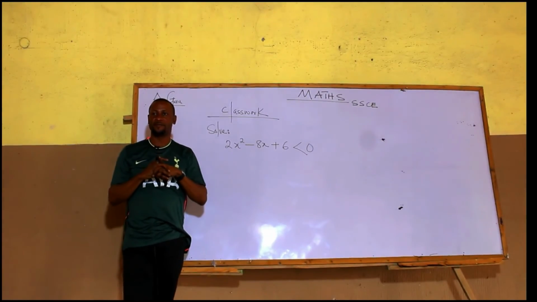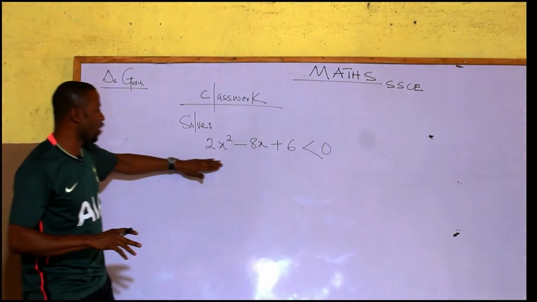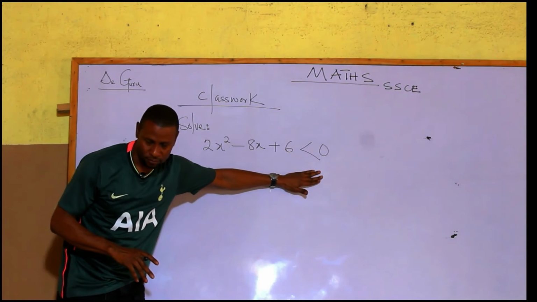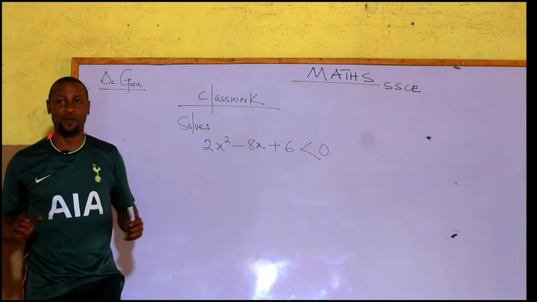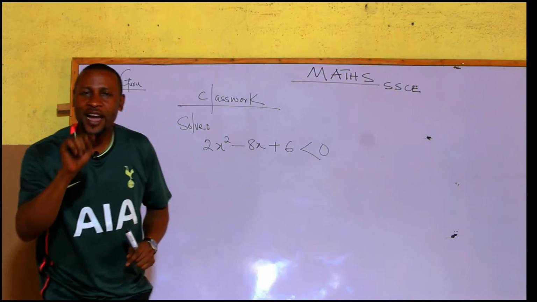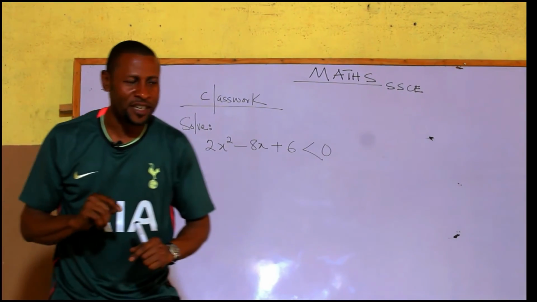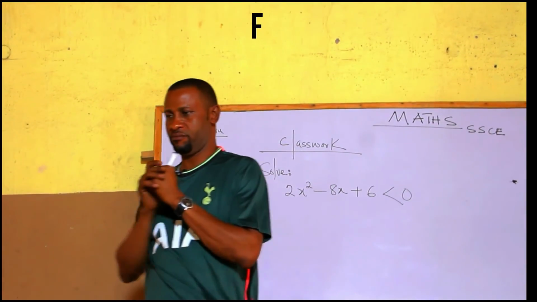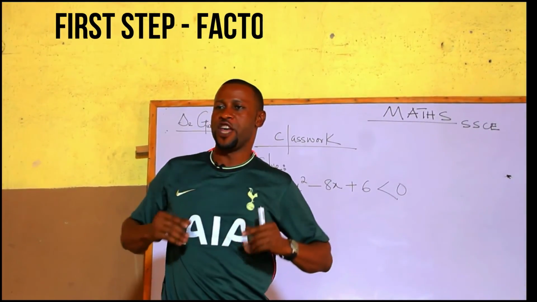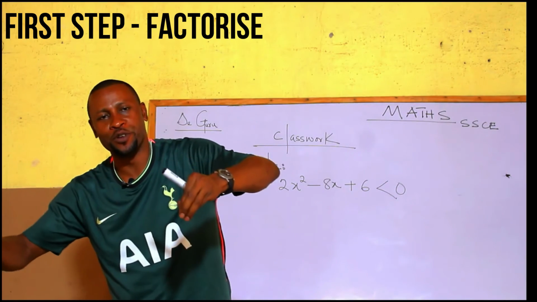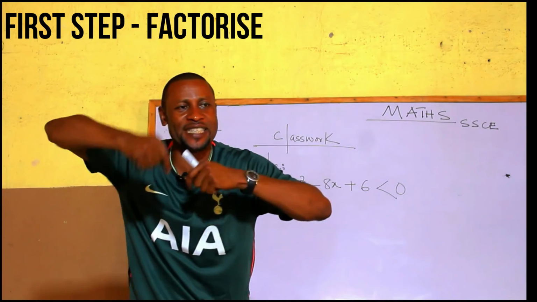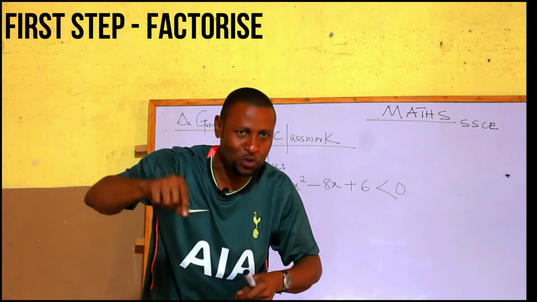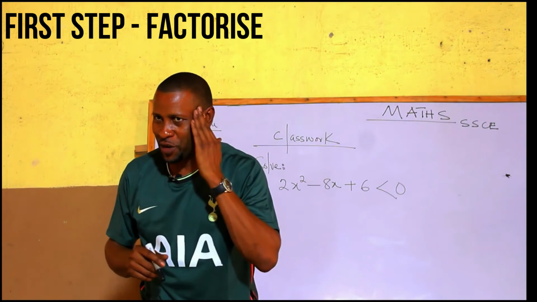Class, this is a quadratic inequality. The first thing I'm going to do is to factorize the left-hand side. If it is not factorizable, solve the quadratic equation and get the roots.